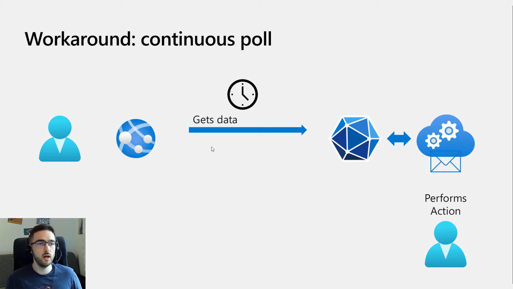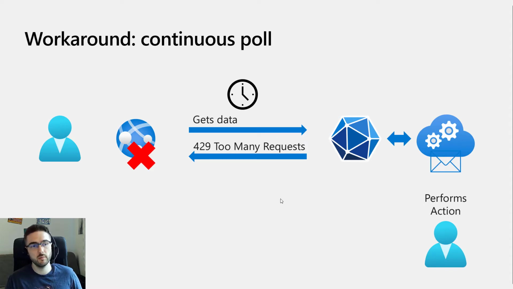Yes or no? And then either you get the answer, or after some time, you might get a response from Microsoft Graph, which is 429, too many requests. It's basically Microsoft Graph telling you, hey, your application is querying me too much. I cannot sustain that rate of queries. Please back off, right?